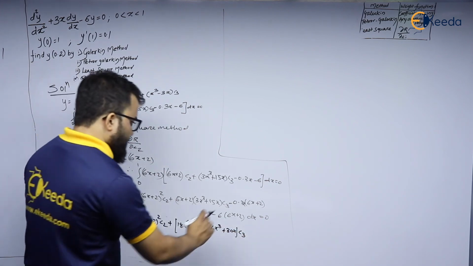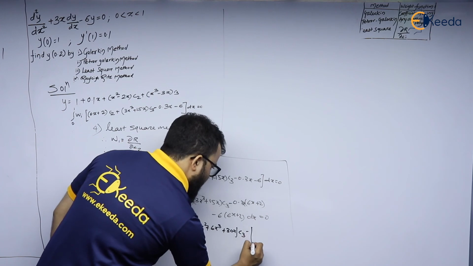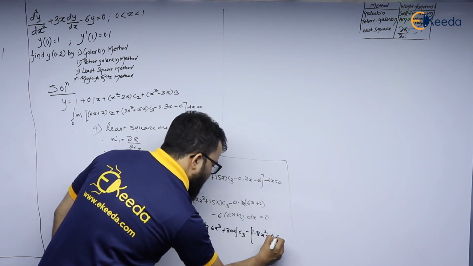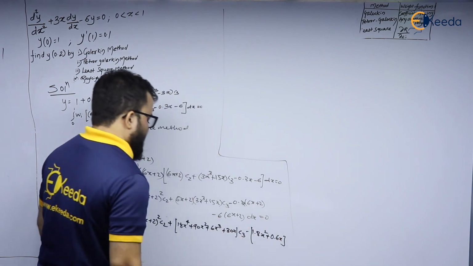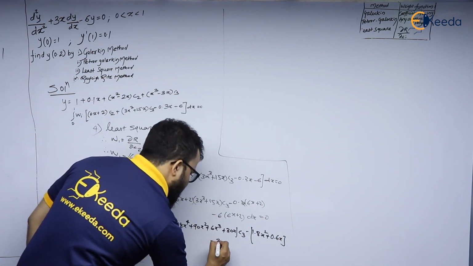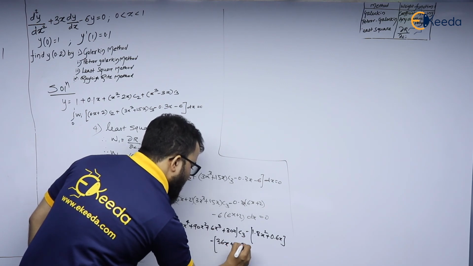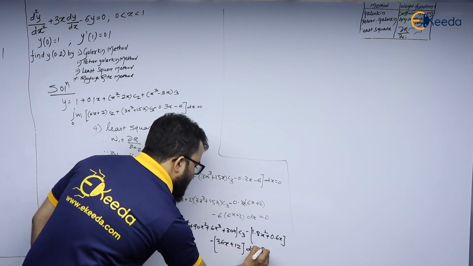Okay, next is 1.8x^2 plus 0.6x, and this becomes 36x plus 12 dx is equal to 0.